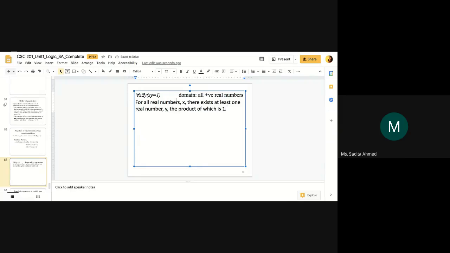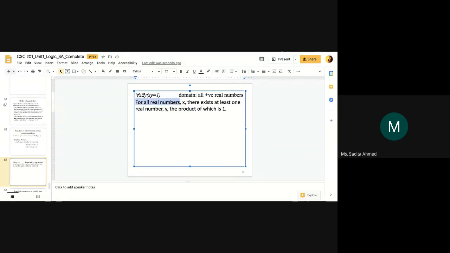So what this means is that for all real numbers x there exists at least one y such that xy is equal to 1. What does this for all mean? For all real numbers means every real number, right?